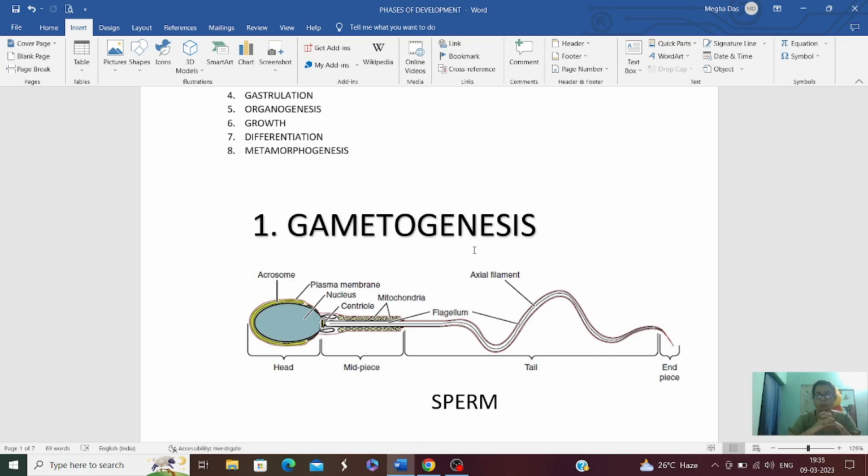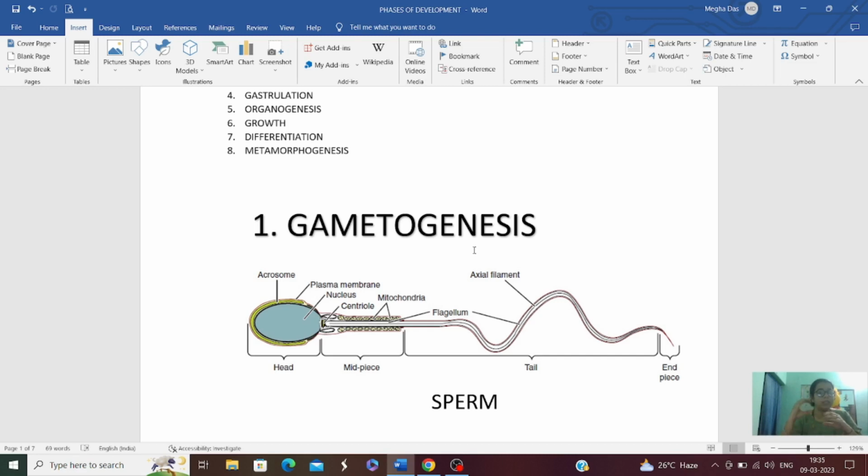Then only the zygote will be formed and the process begins. But for the formation of the zygote, first the gametes need to be formed, and the process of gamete formation is known as gametogenesis. That is, gametogenesis is the formation of gametes, that is sperm and ovum.